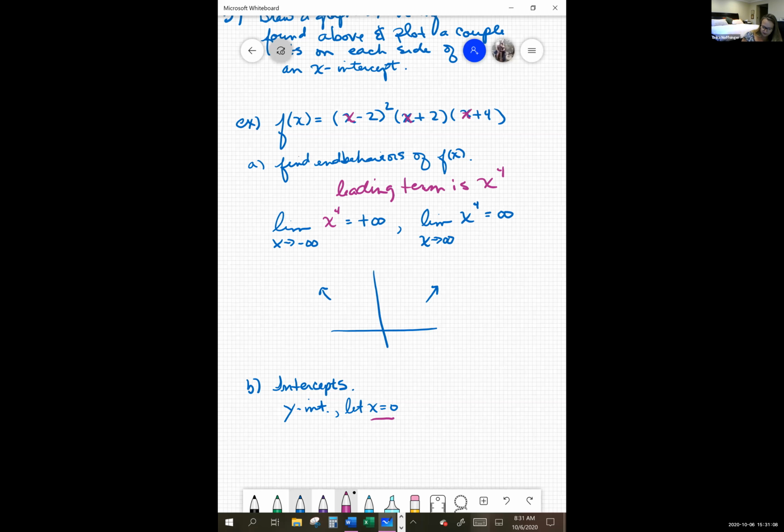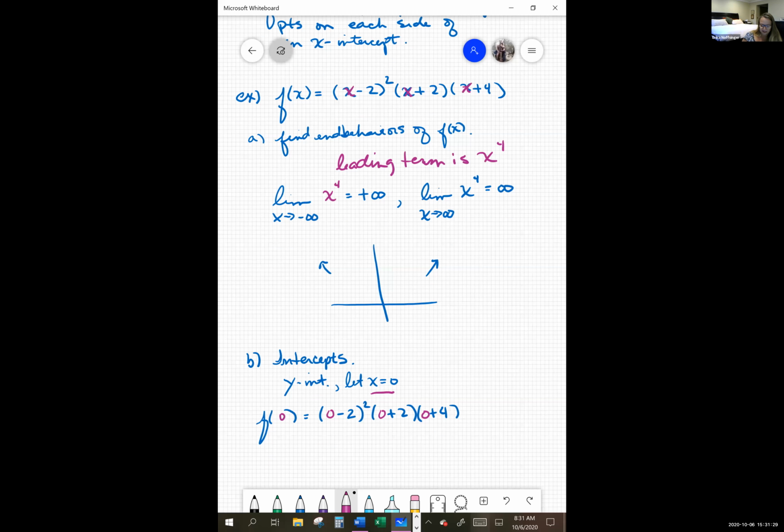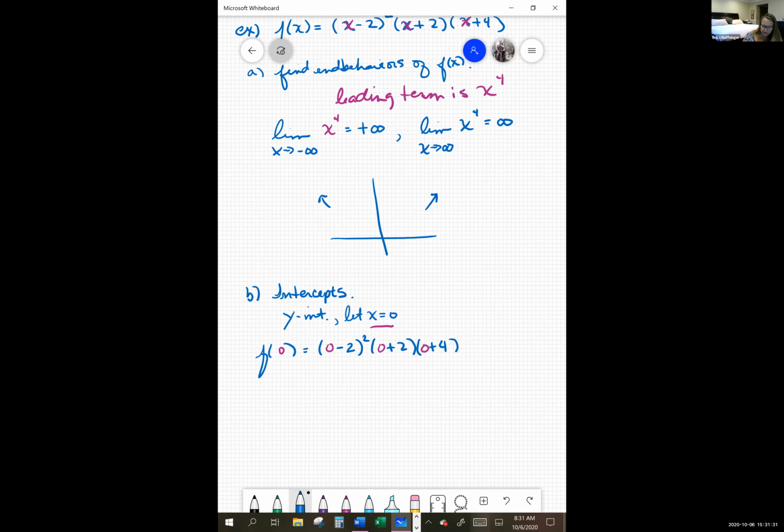Well, f of 0 gives us 0 minus 2 quantity squared, 0 plus 2, and 0 plus 4. So this gives us negative 2 quantity squared, so this is 4, all times 2, all times 4. So 4 times 2 is 8, times 4 is 32.